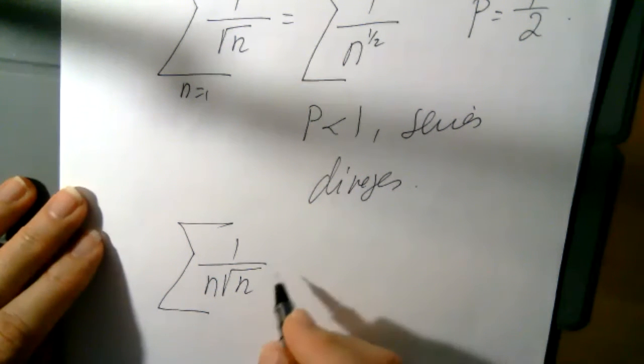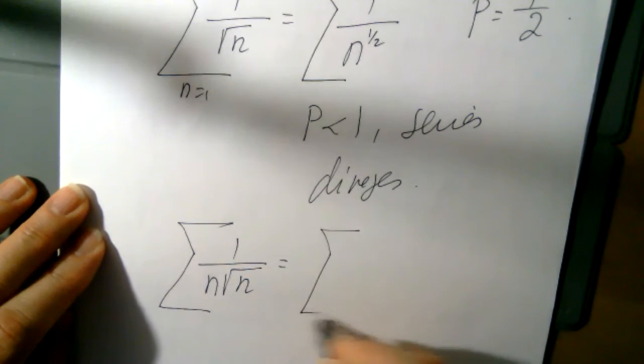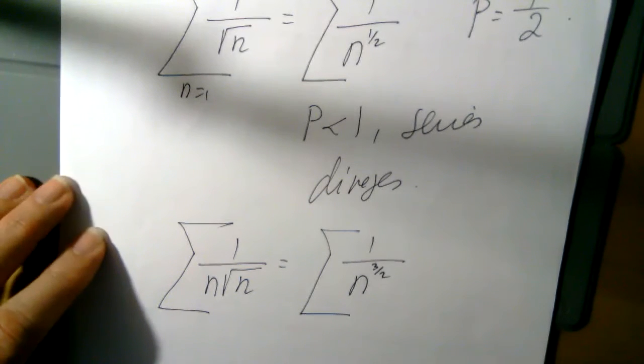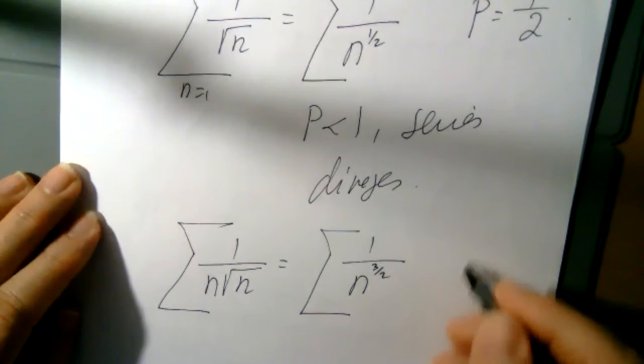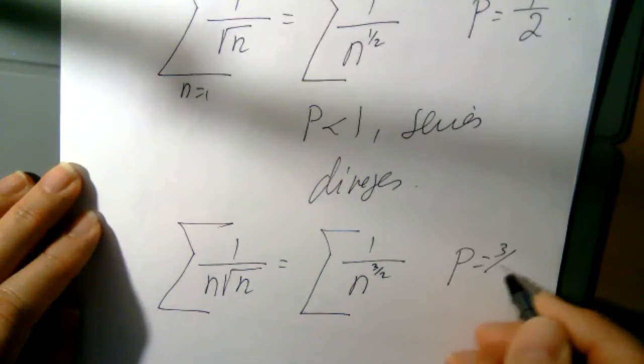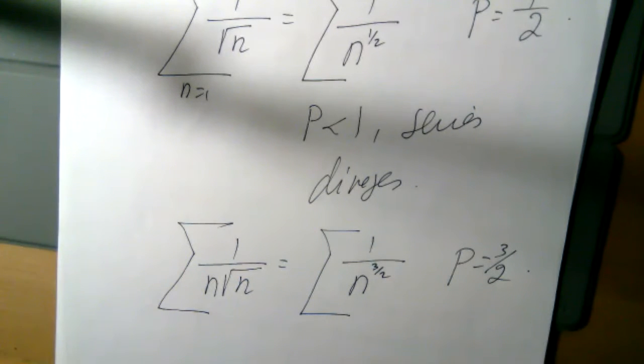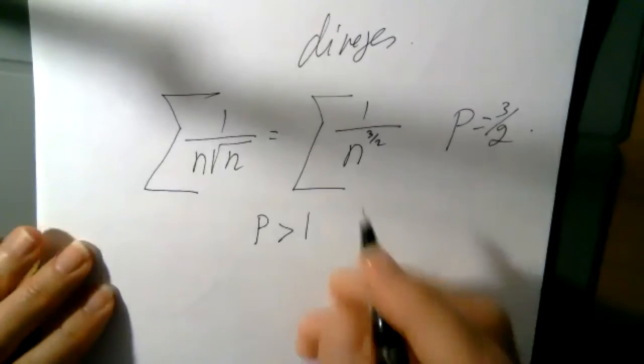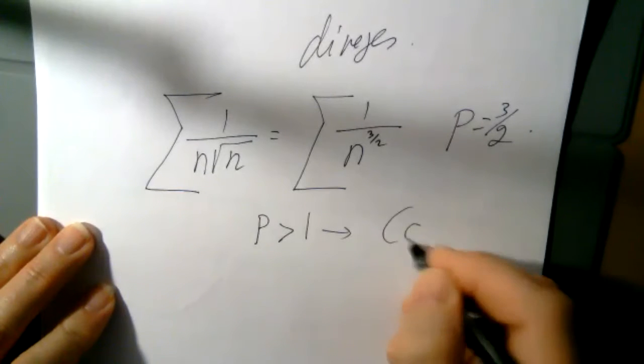Absolutely, yes. So let us rewrite it as a p series. This is 1 over n to the power 3/2. So, of course, it's a p series, p equals 3/2. Does this one converge or diverge? Immediately, p is bigger than 1. This series converges.